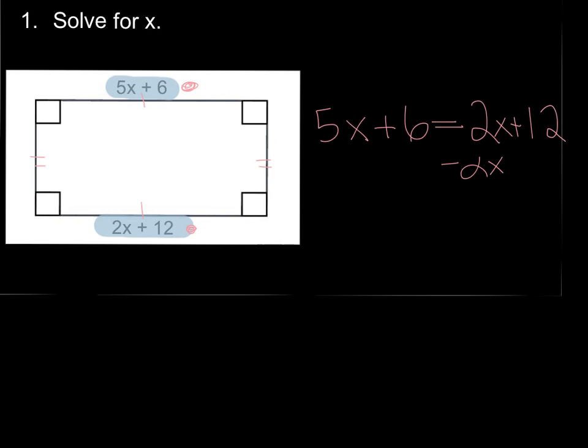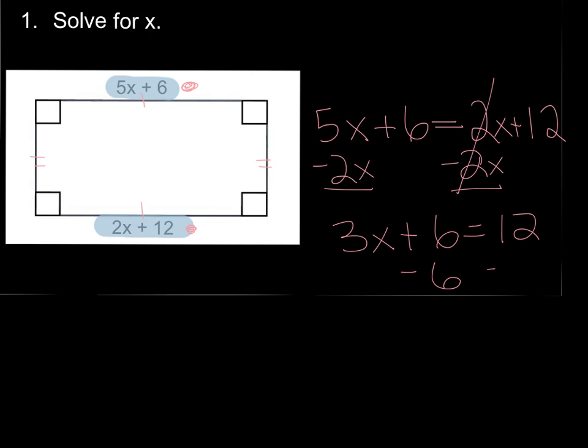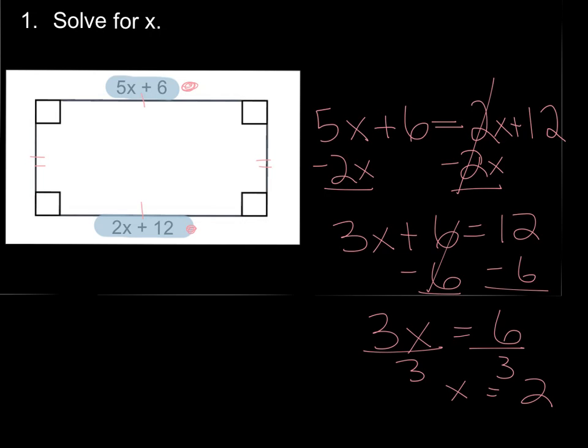I'm going to subtract 2x from both sides, and I get 3x plus 6 equals 12. Subtract 6 from both sides, and I get 3x equals 6. And when we divide by 3 on both sides, we get that x is equal to 2. So that would be my final answer.